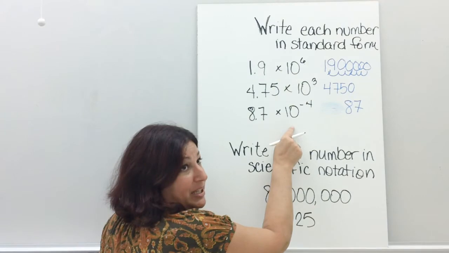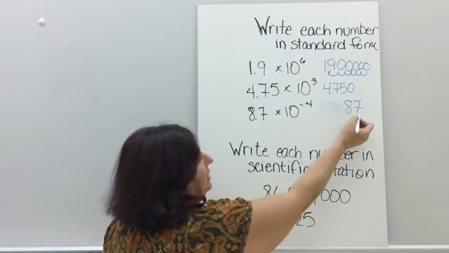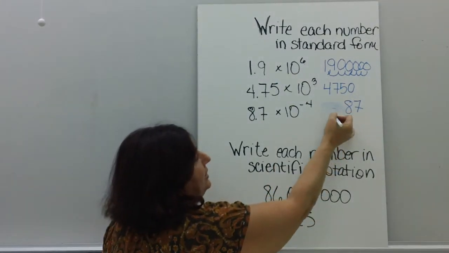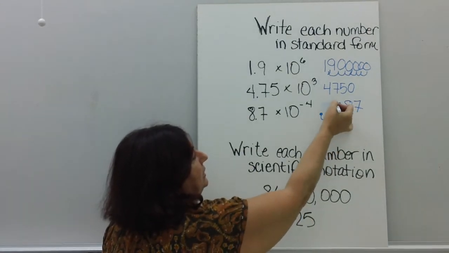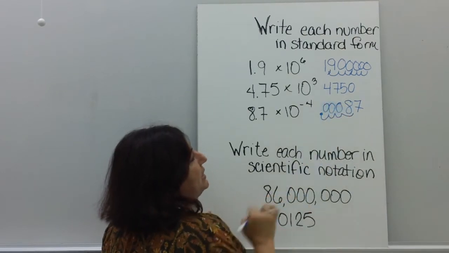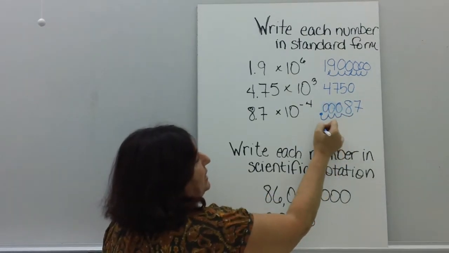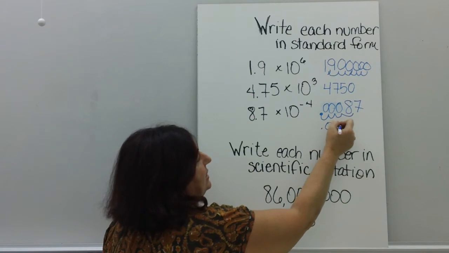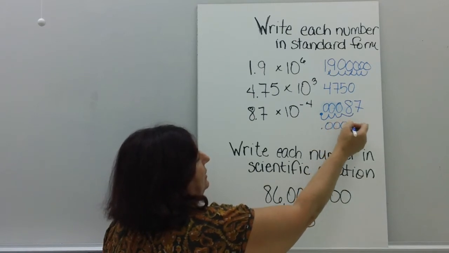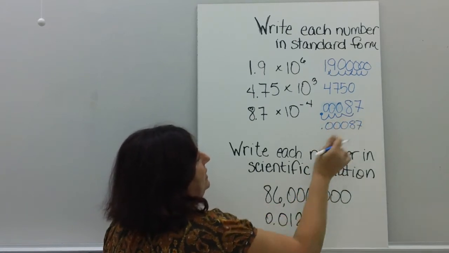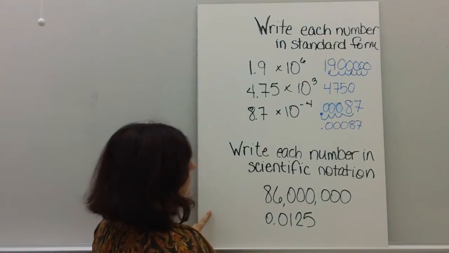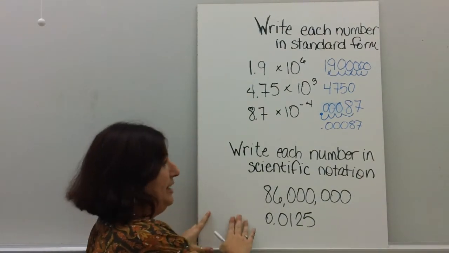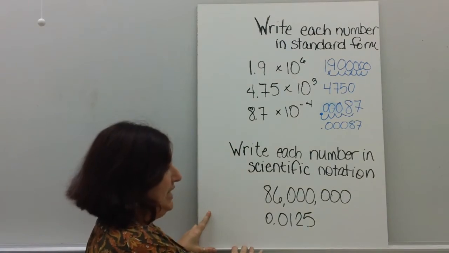So I'm going to have 1, 2, 3, 4 scoots, and I fill in those blanks with 0. My number is 87,000, no it's not, it is 87 hundred thousandths. Okay, now you're going to write each number in scientific notation.